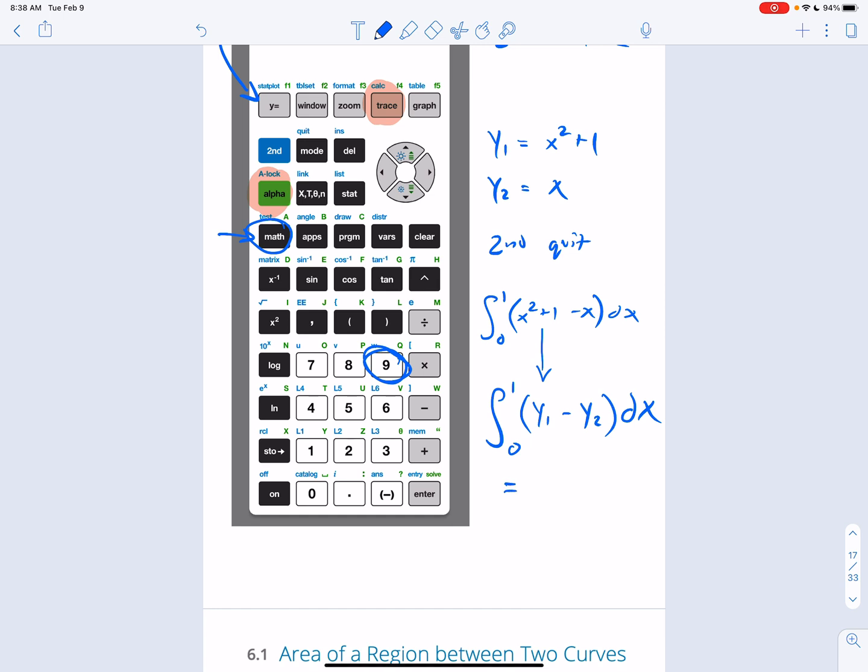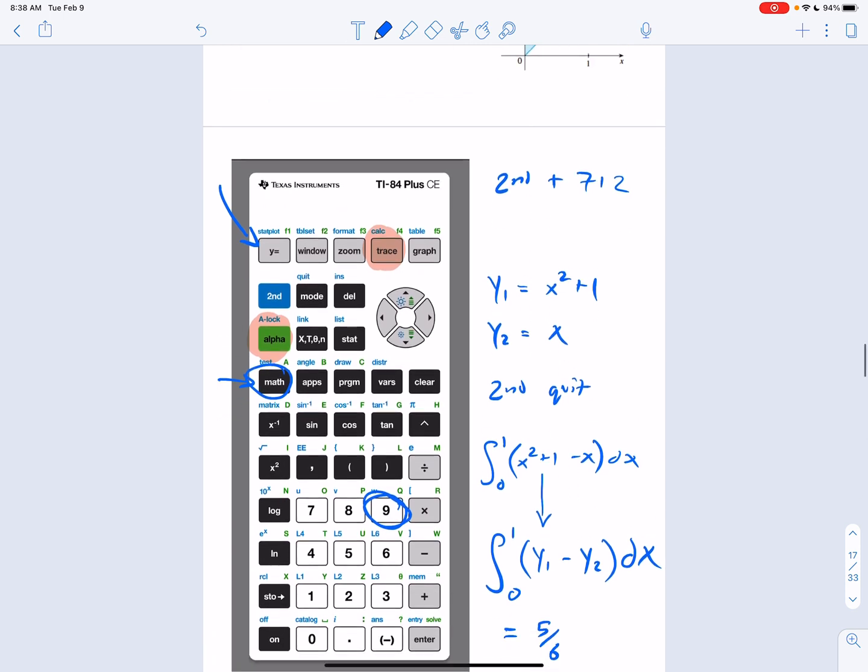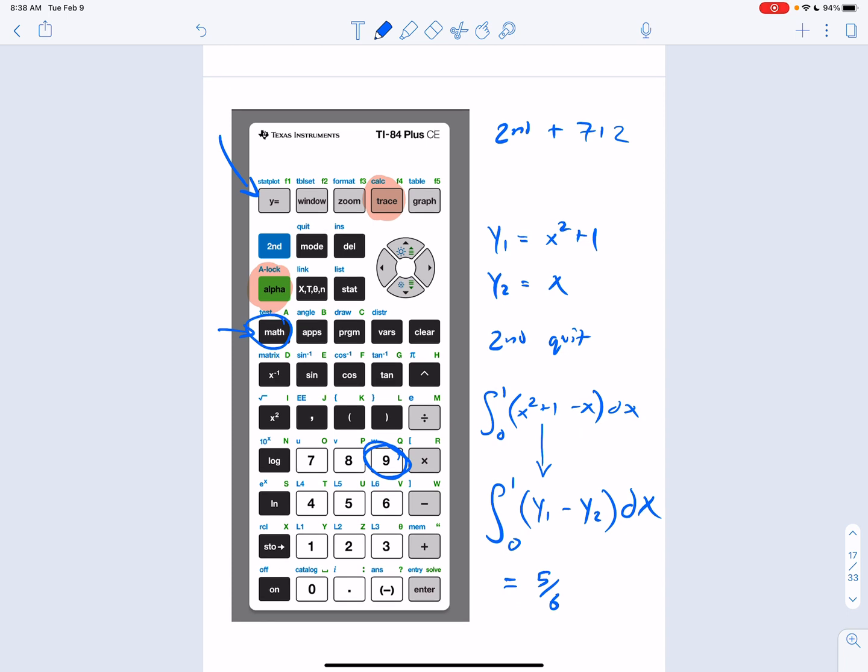Once you crank it out, it should come out to whatever 5 over 6 is. What is 5 over 6? It'll come out to 0.833333333, right? Which is 5 over 6. All right? There you have it. Okay? So recall how to get to the integral symbol, which is math 9. And recall how to copy paste functions, which is alpha trace. Okay?